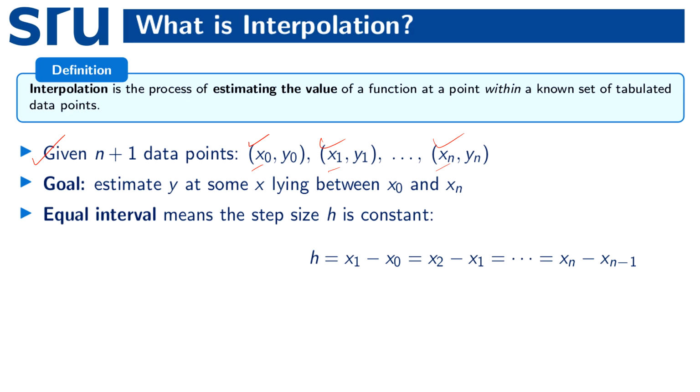Each yi represents the corresponding output value. So basically these are known data points of a function. The main goal of interpolation is to estimate the value of y for some value of x that lies between x0 and xn. So we are not going outside the given data, we are only working within the range of known values.